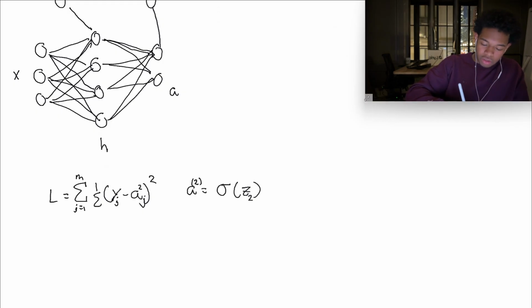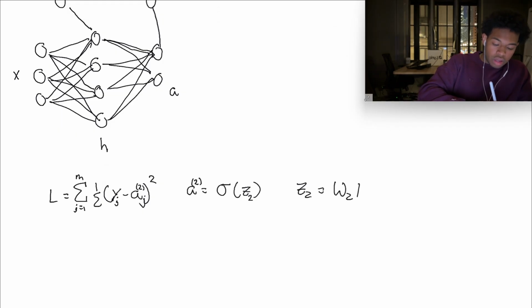This could be miserable. Notation hell. So that's our second activation, equals sigmoid of Z2, and then Z2 equals W2 H plus B2.